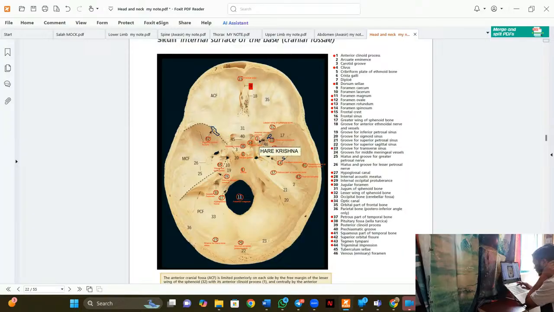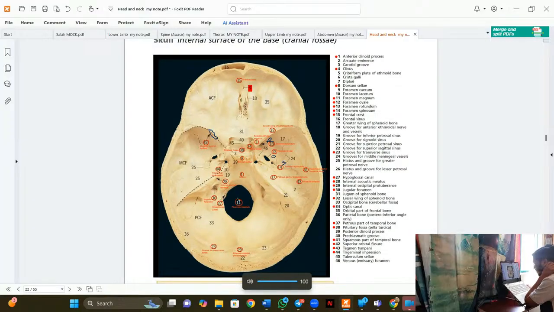Your voice is very less. 4 is clivus. 8 is dorsum sellae. 11 foramen magnum. 12 foramen ovale.